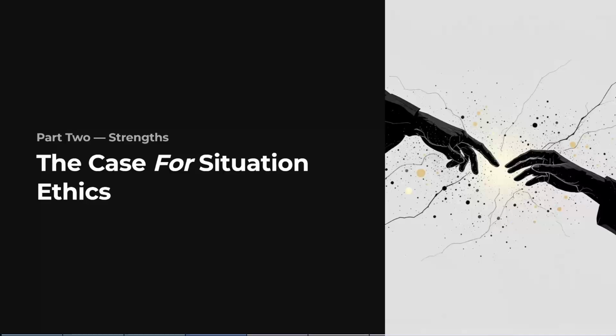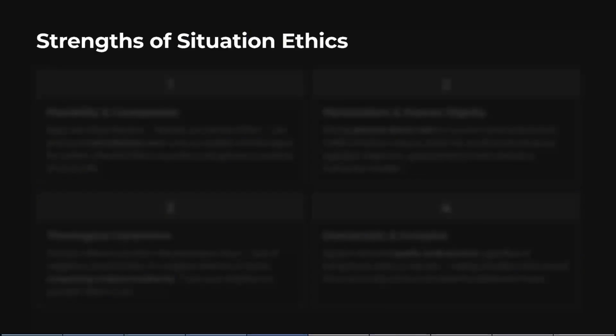Now, each of these is a real philosophical achievement. Each solves a problem that other theories have created. The task of evaluation is asking whether those achievements are stable, whether the theory can deliver on its promises, not simply to dismiss them. So let us now examine each strength with the depth it deserves.